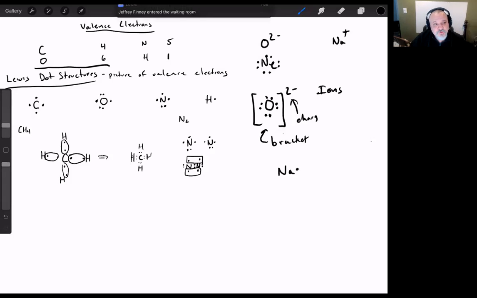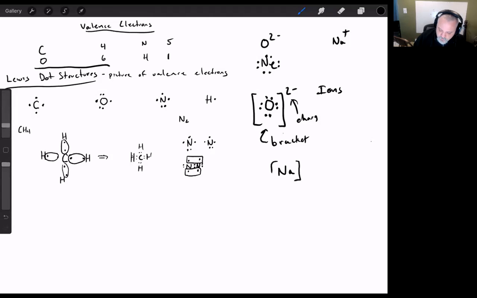Well, sodium, when it's neutral, it has 1 electron. If you take a look, it's in group 1, so it should have 1 valence electron. When it becomes an ion, it loses 1 of those electrons and it becomes charged.